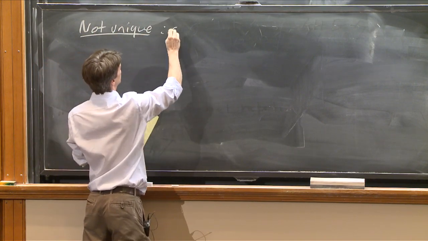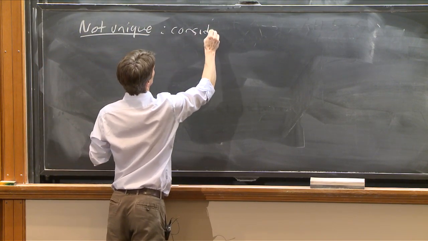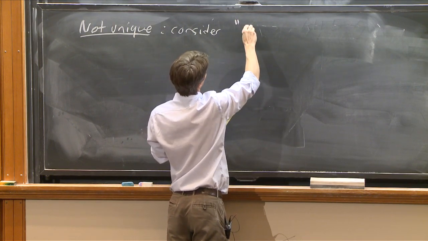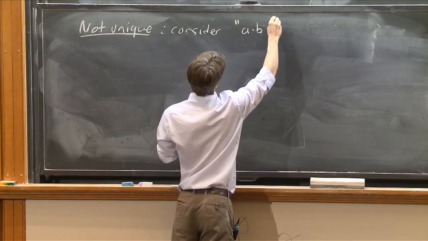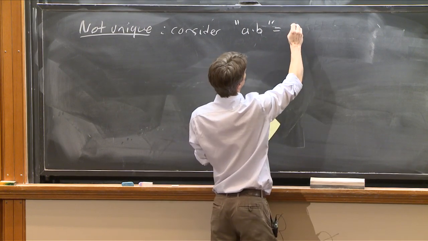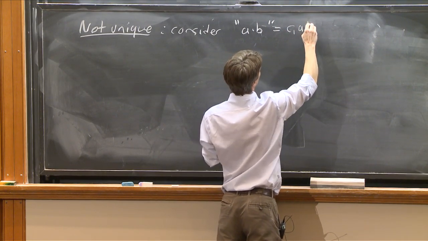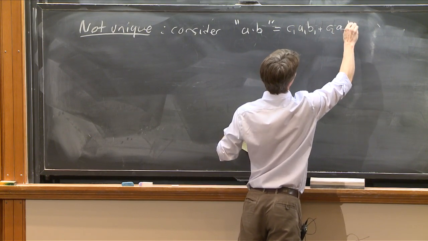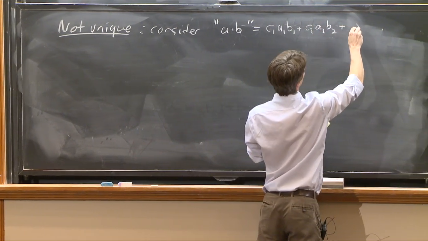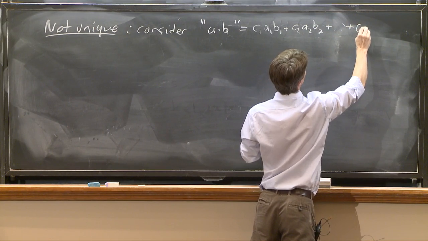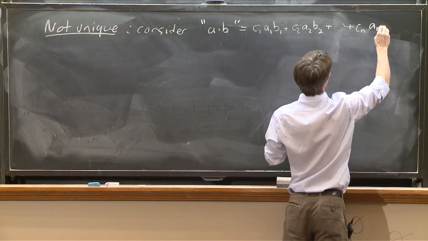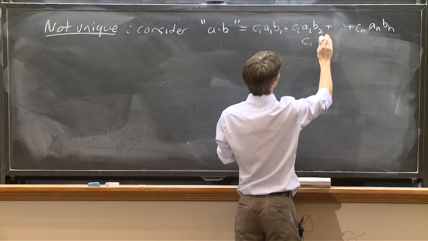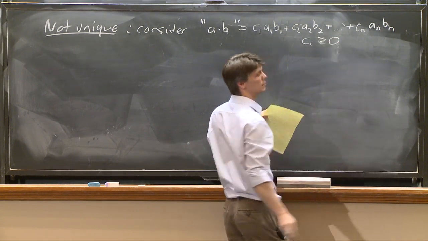And so you could consider another dot product, which we would write as just C1 A1 B1 plus C2 A2 B2 plus up to Cn An Bn, where the C's are just positive real numbers.